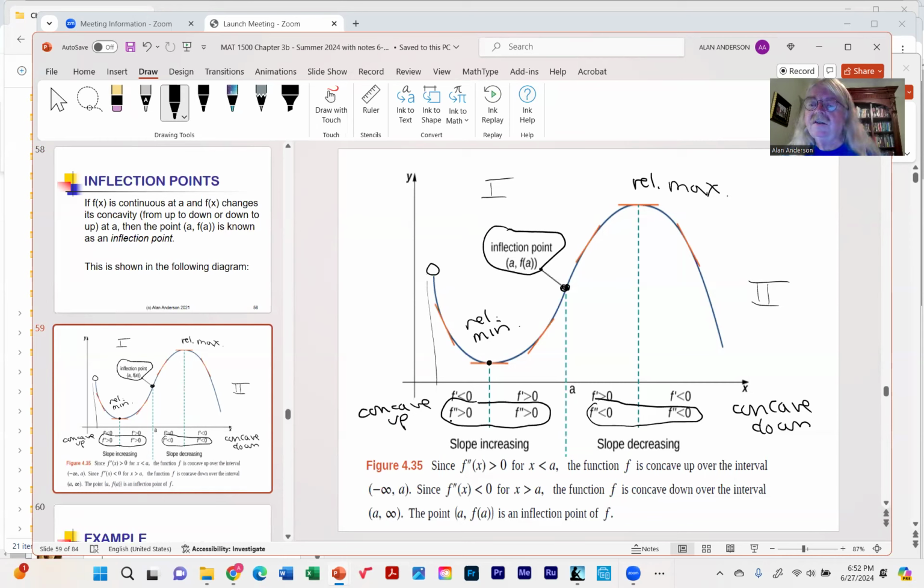And that means within that interval, the function is concave down. So the point where they switch from one to the other is called the inflection point. Now you might say, well, that's interesting, but what are we supposed to do with that information? Well, it'll help us identify, depending on what test we're using, our maxima and our minima.